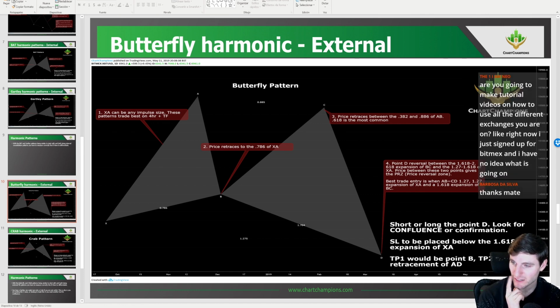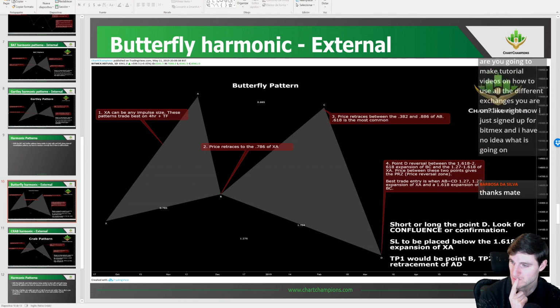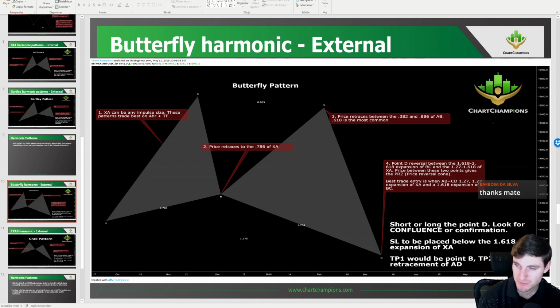Okay, cool. Thanks for the clarity. No worries at all. I will go through Bitcoin in a second, and I'll check that out to double check that. But yeah, 100% POC with another level of confluence from the harmonic is really good, really good.